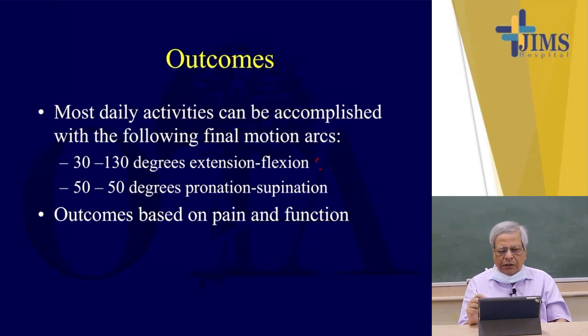If a person has this amount of motion in the elbow joint, 30 to 130 degrees, this is enough for performing all sorts of common daily activities, ADL, that is activities of daily living. And 50 to 50 degrees of pronation supination, though it is called 86 and 94, but 50-50 pronation supination is enough to perform all the activities of daily living.